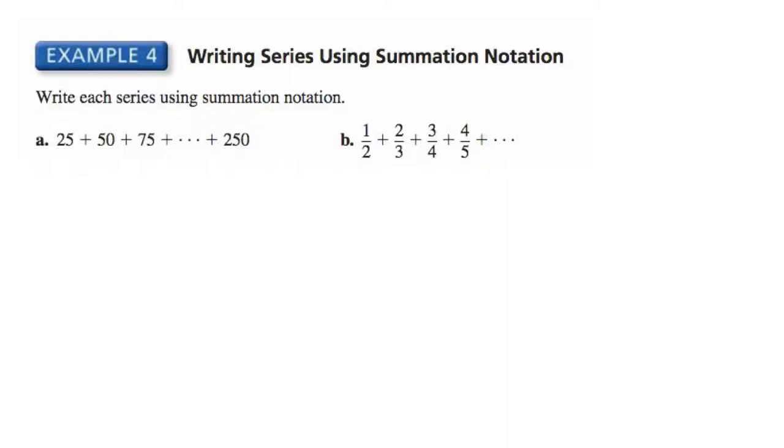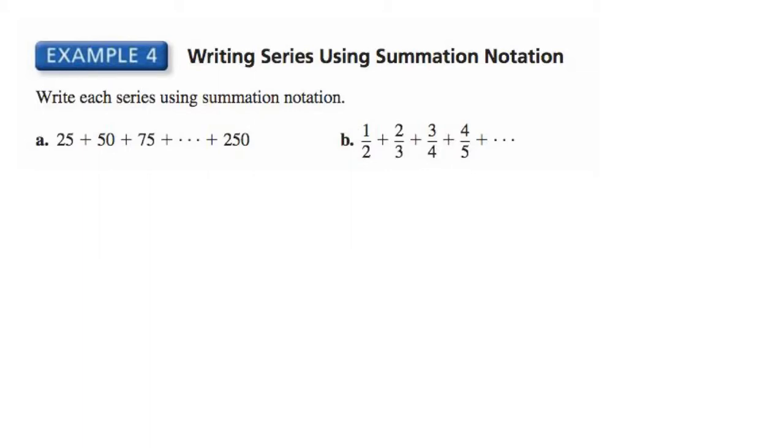Hey guys, in this first example, this is part 2 of 7.1, but we are now talking about summation notation. If you looked at that last slide, make sure you have summation for finite and infinite for summation and sigma notation.